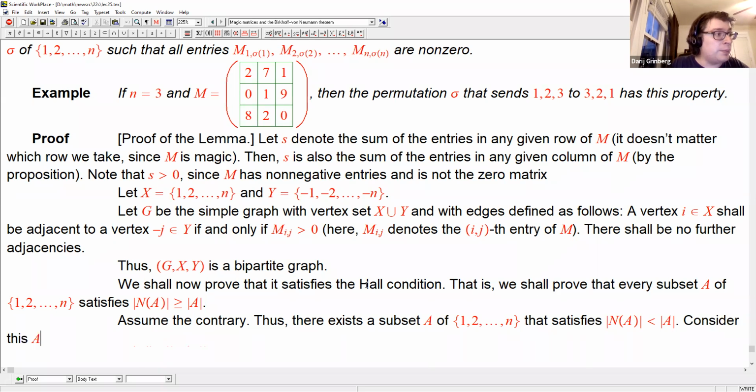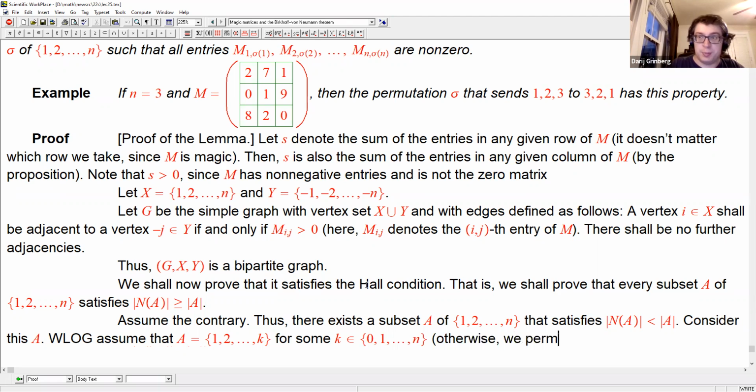Consider this A. Without loss of generality, we assume that A equals 1, 2, ..., k for some k. Otherwise, we permute the rows of our matrix. Permuting the rows doesn't change any of the sums, so it's still going to be a magic matrix.